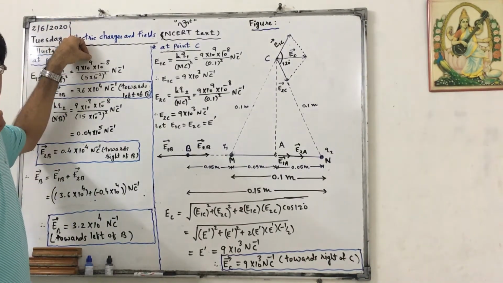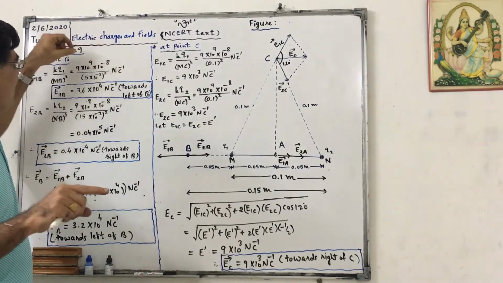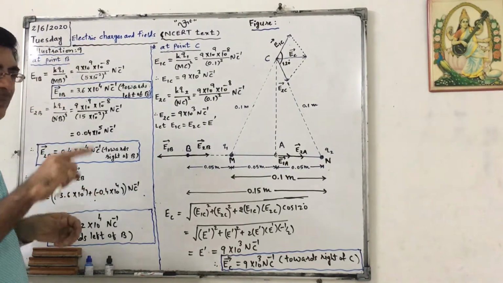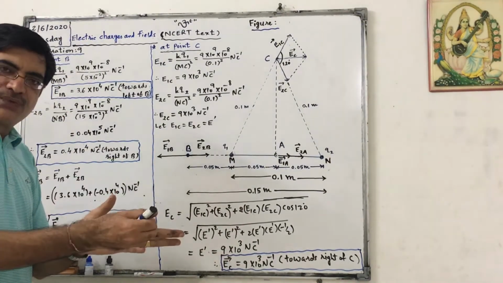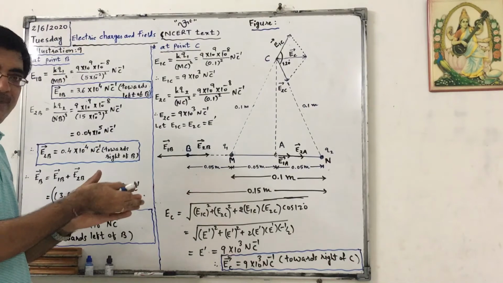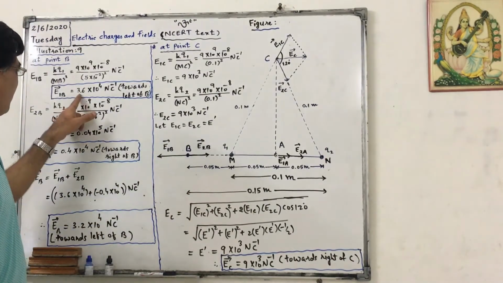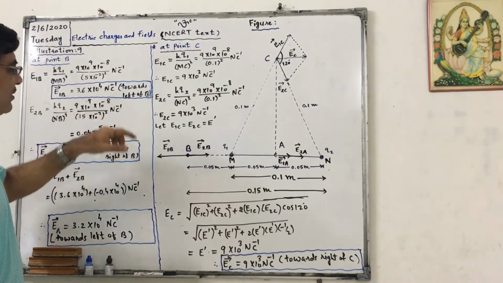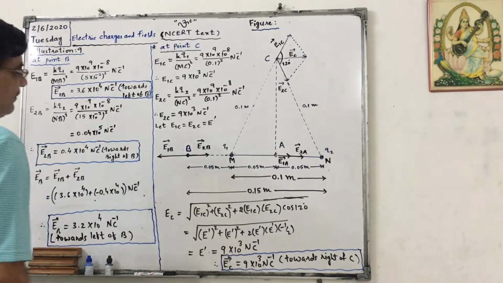So 9 plus 4, that is 10 raised to 13, minus 8, that is 10 raised to 5. But 9 by 25 will be 0.36, we know. So 0.36 into 10 raised to 5, just as we calculated in case of A. In scientific notation it will be 3.6 into 10 raised to 4 Newton per Coulomb. It is towards left of B.